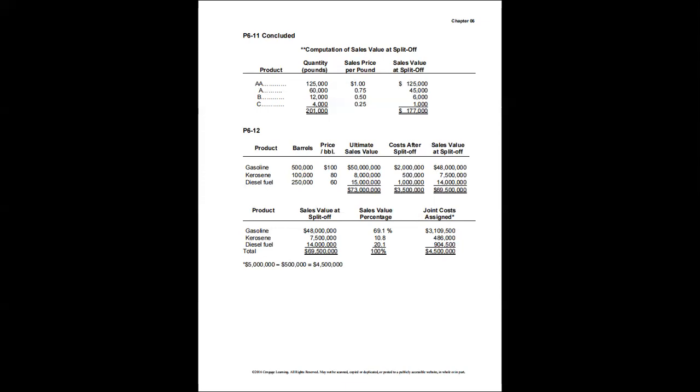So joint cost assigned of 4,500,000 as the difference between 5 million and 500,000.